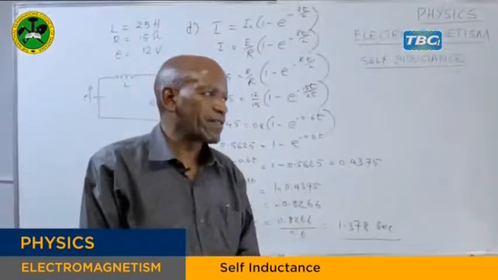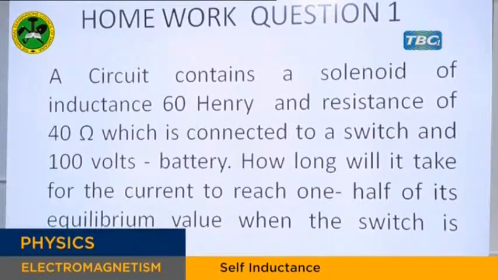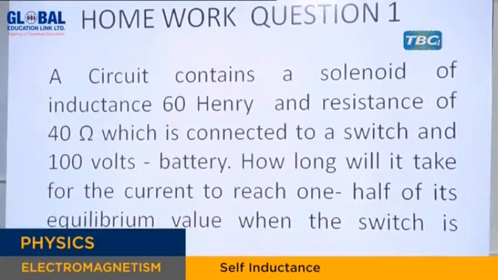Okay, students. Now here we have a question as homework, but I'll give you some hint. The question goes like this. A circuit contains a solenoid of inductance 60 henry and a resistance of 40 ohms, which is connected to a switch and a 100-volt battery.